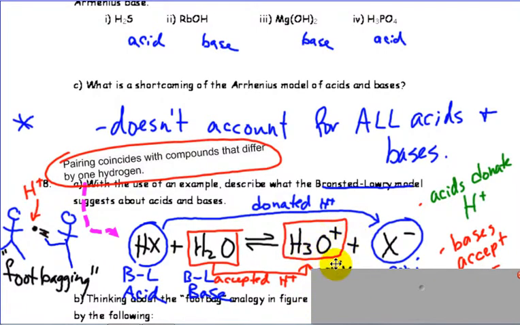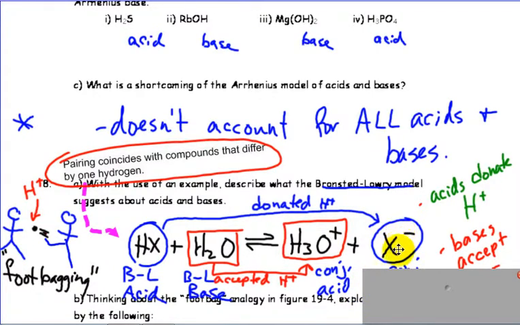Now on the right-hand side, if we go in reverse order, H3O before becomes H2O after, so it lost an H, it donated an H, so it's behaving like an acid, so we call it the conjugate acid. Conjugate meaning paired up with.